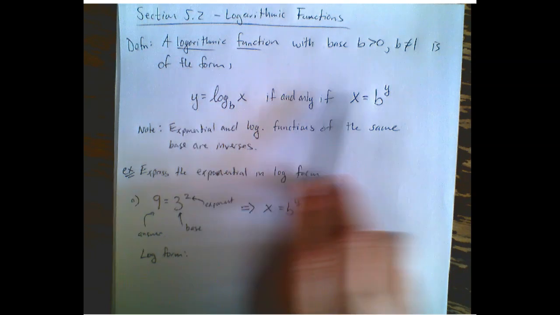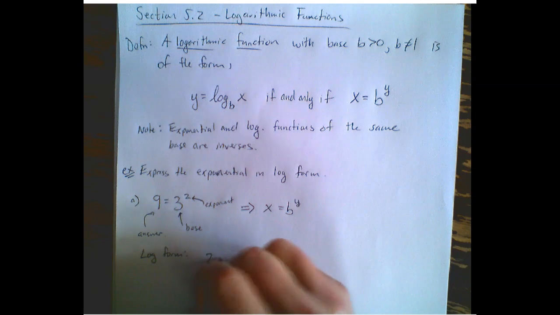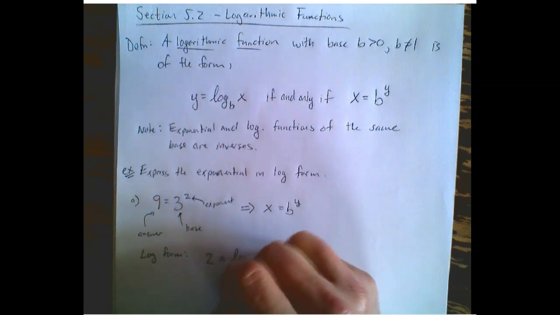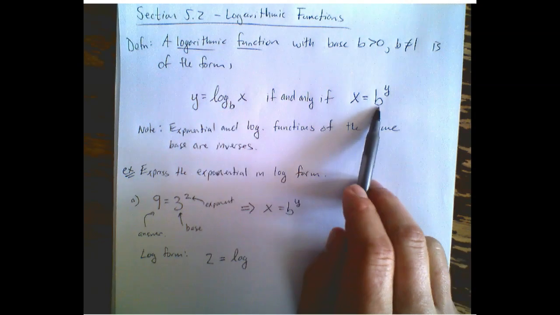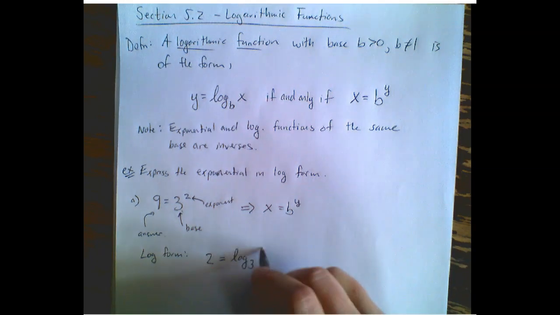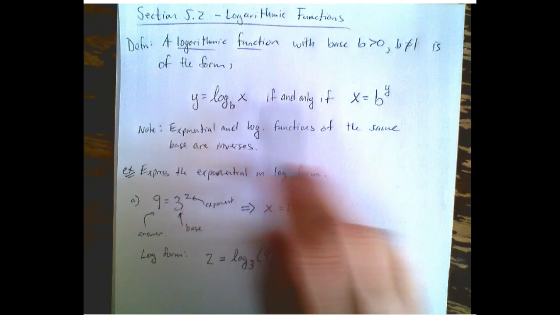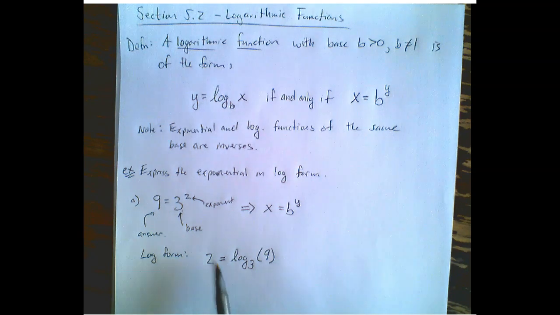Our y is the exponent here, so that would be 2, is equal to log of the base. The base is 3, and our answer is 9. X is our answer, x goes there. So you can see that these two things are equivalent in nature.